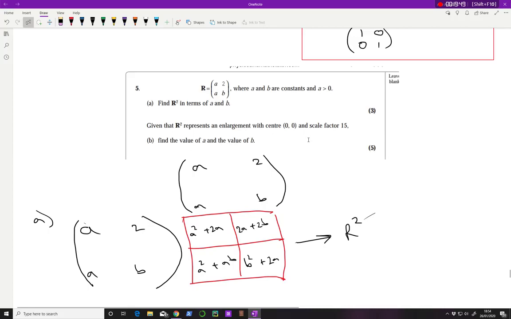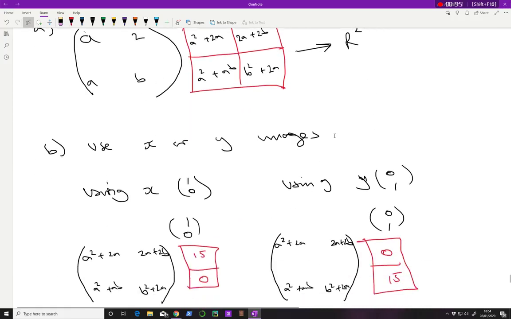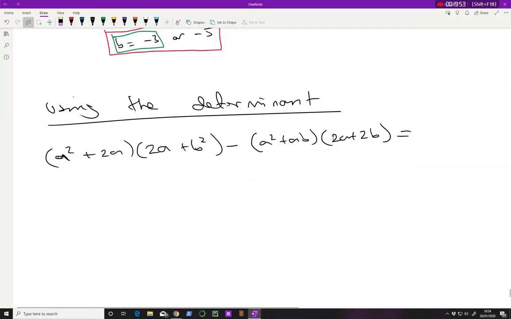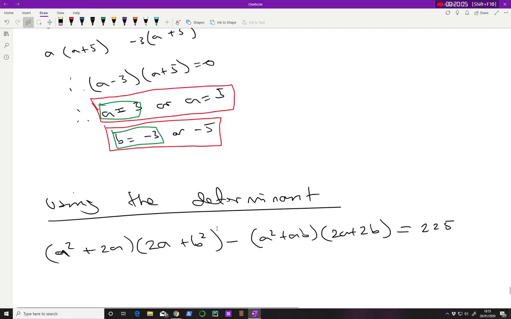The area scale factor is actually 15 squared, which is 225. That's the area scale factor.